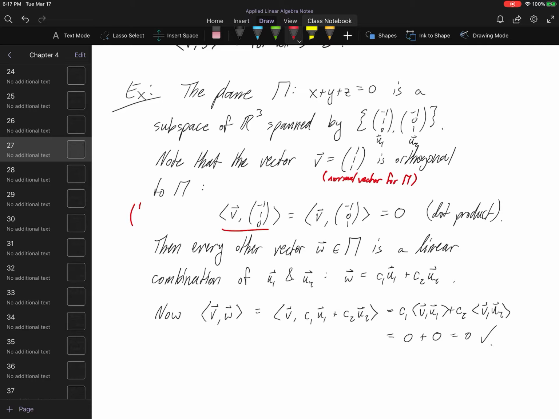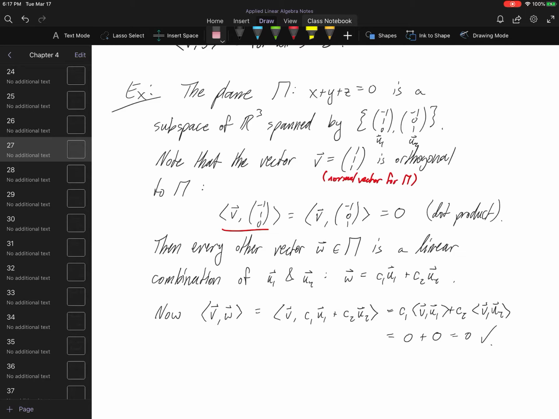If I dot v, (1, 1, 1), with (-1, 1, 0), sure enough, that dot product gives me 0. Very similarly, I'll have (1, 1, 1) dotted against (-1, 0, 1).